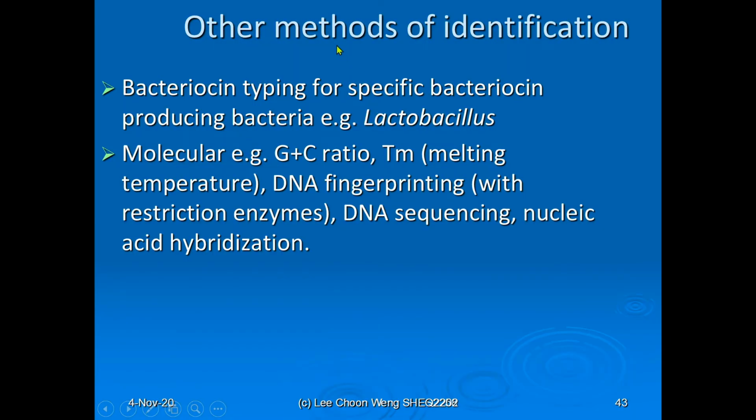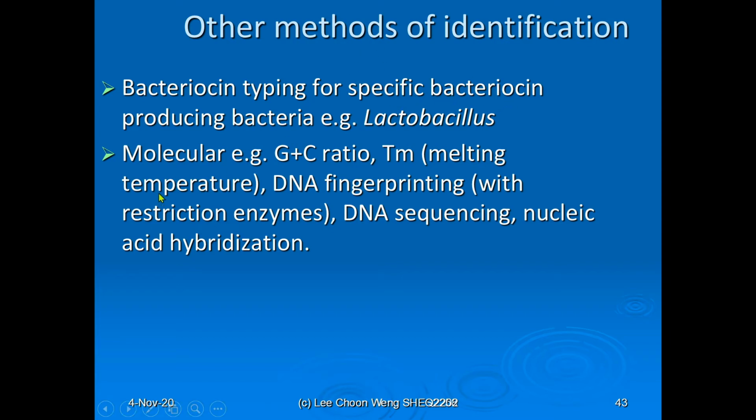Other methods of identification for bacteria include bacteriocin typing. Bacteriocin typing is very specific for Lactobacillus, for bacteria that produce bacteriocin. Bacteriocin is a small metabolite that has antimicrobial properties.